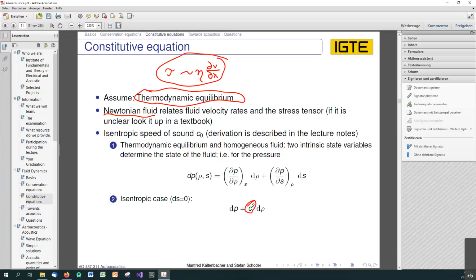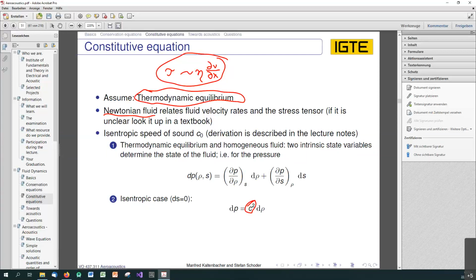For instance, if you have a kind of inert gas, then you can assume thermodynamic equilibrium. If you have very strong gradients in terms of expansions or stuff like that, this will definitely not be in thermodynamic equilibrium, so you have some transients going on.